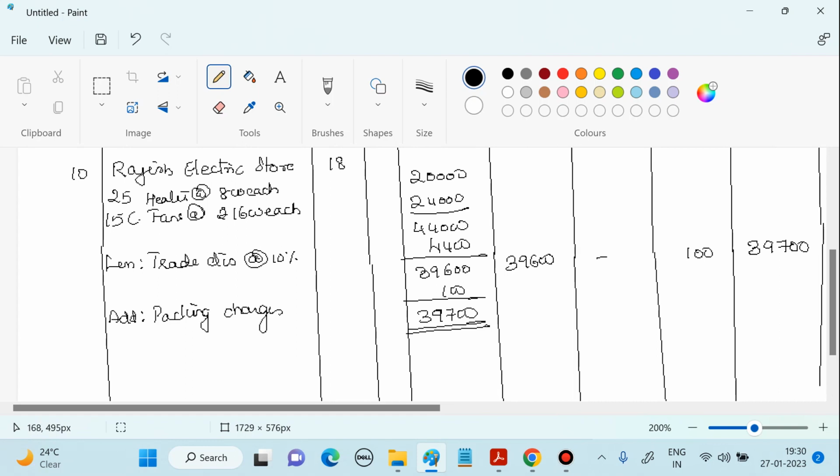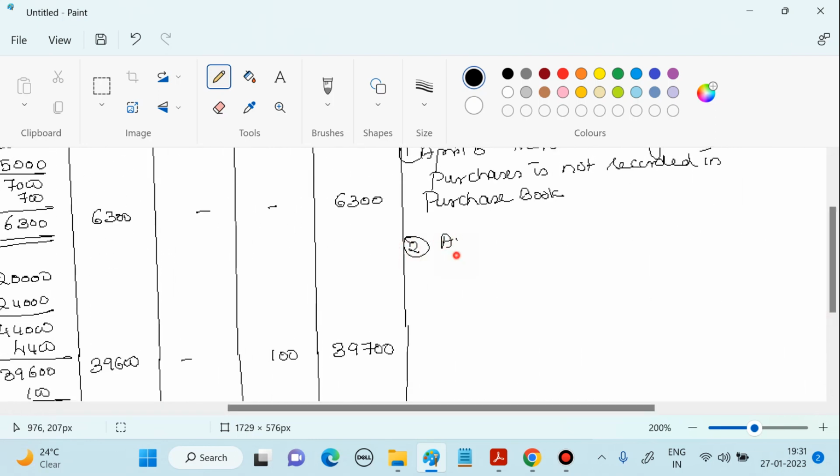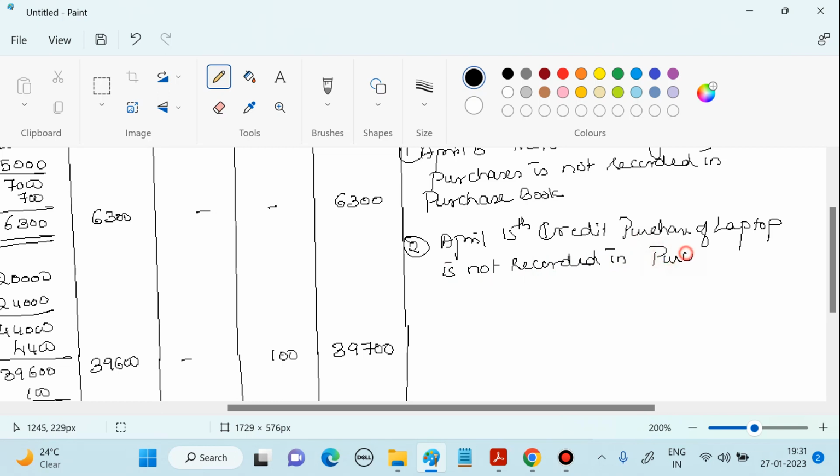April 15th transaction was purchased a laptop for 50,000 from Computer Mart. This is a credit purchase but of laptop, an asset, so journal proper. So better write a note for that. April 15th credit purchase of laptop is not recorded in purchases book.